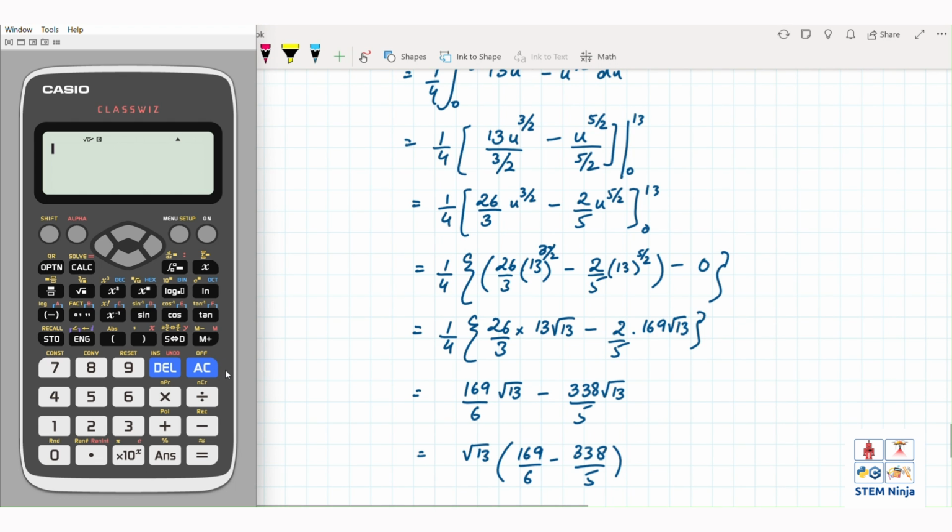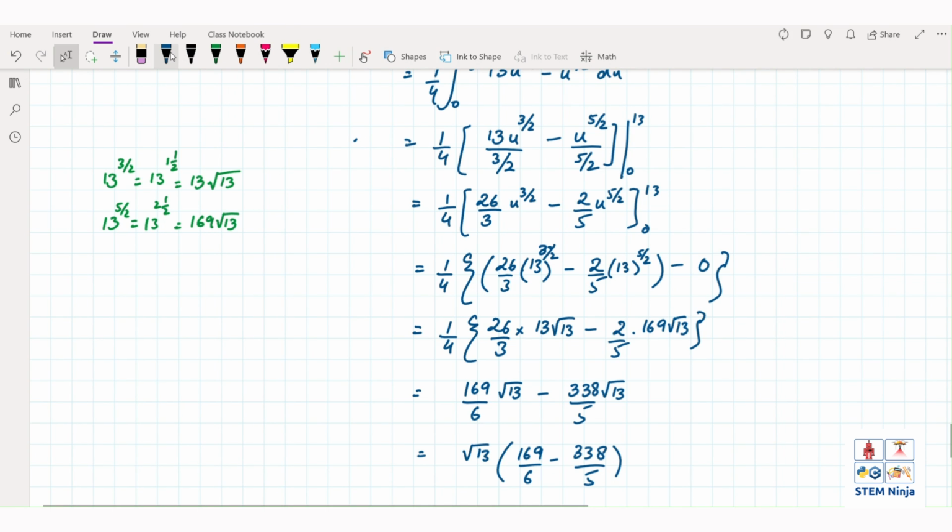Now we plug this into the calculator. 169 divided by 6 minus 338 divided by 5, that is not the right answer. What's going on here? Sorry, I made one mistake. We have to divide by 4 also, so it is 169 over 10.